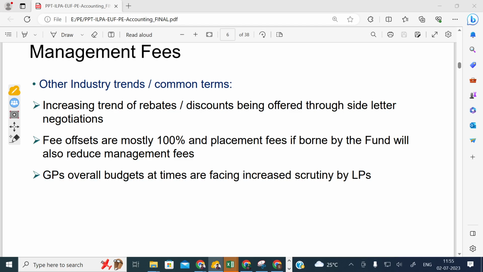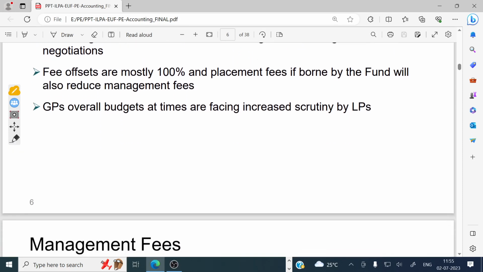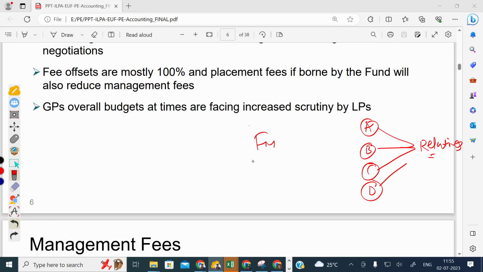What if I have invested in, let's say, A, B, C, and D? These are the companies. Let's say one of my close relatives is holding all these companies, right? And I'm working as a fund manager here.